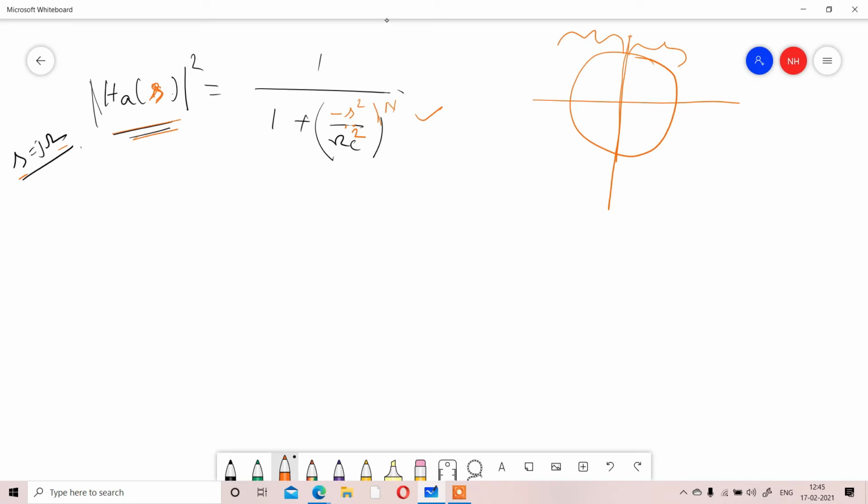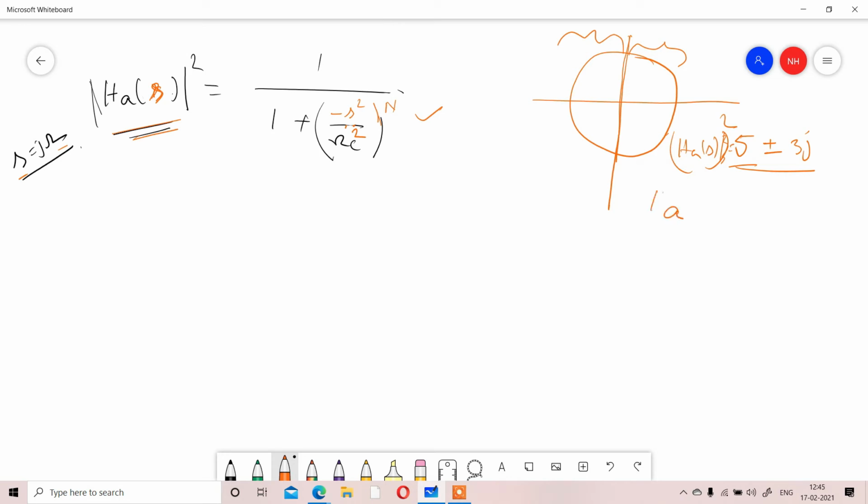Suppose the magnitude you get is 5 plus or minus 3j, just for example, that will be your H_a squared.